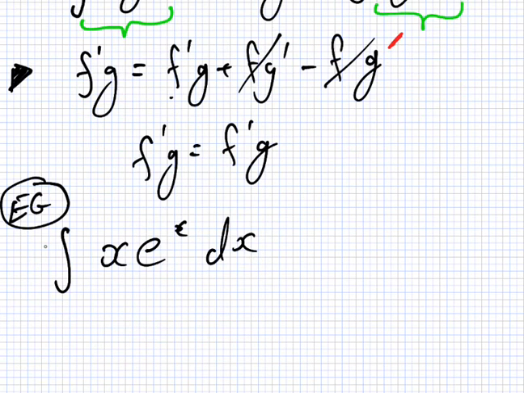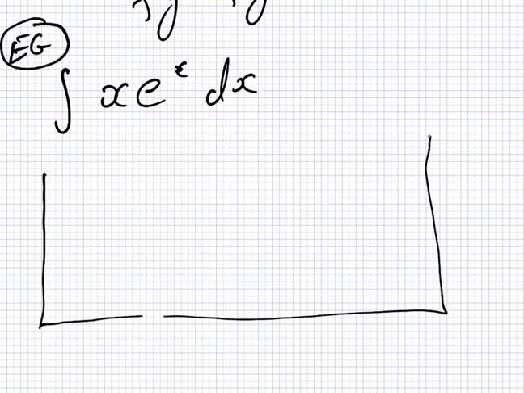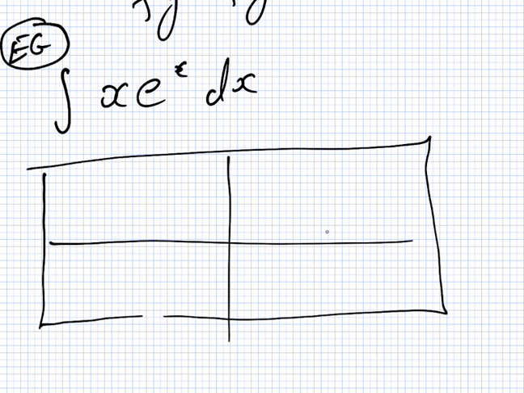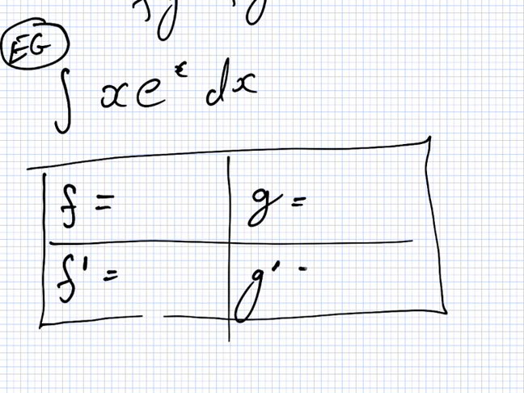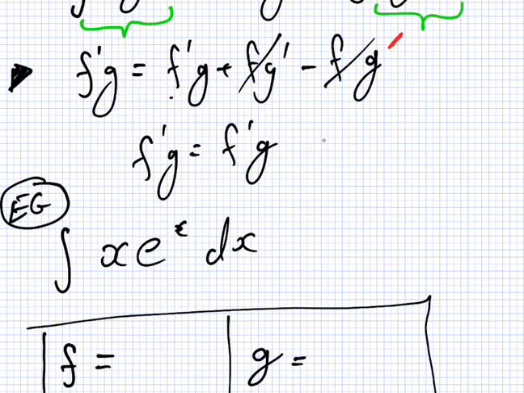Okay, so if we have a look at the formula, I think the handiest way to do these is by just making a table, and here we have f, derivative, g, derivative. Now if we go back to the formula, you see in the formula it's f g'.